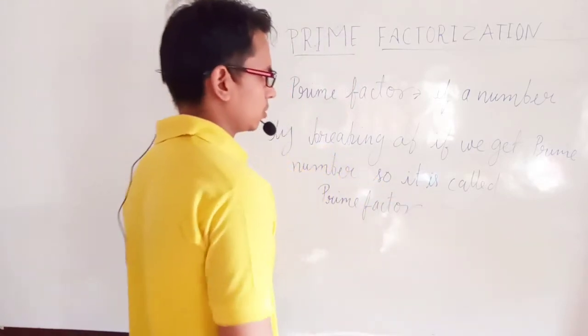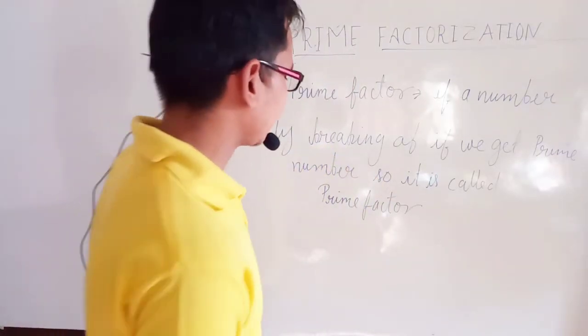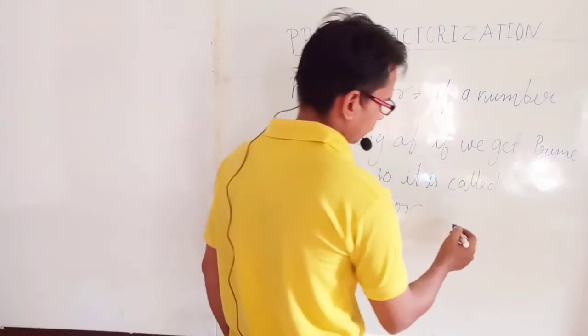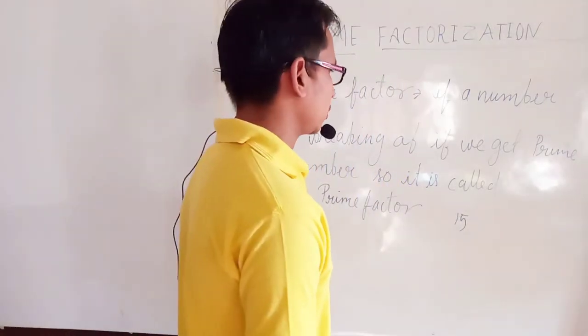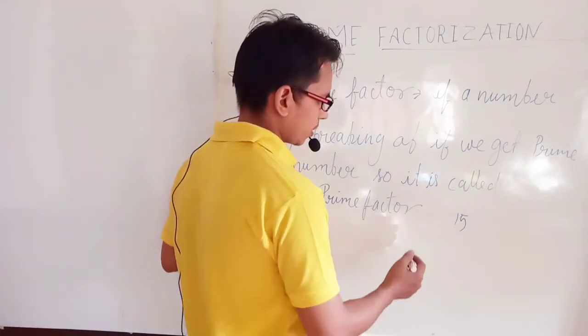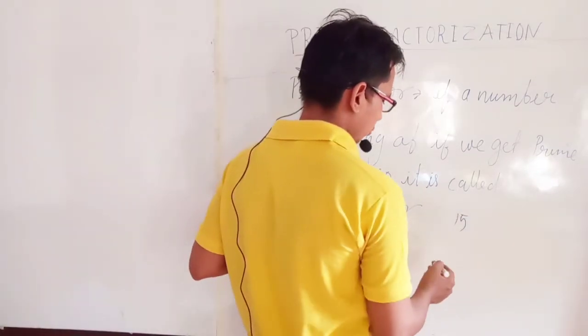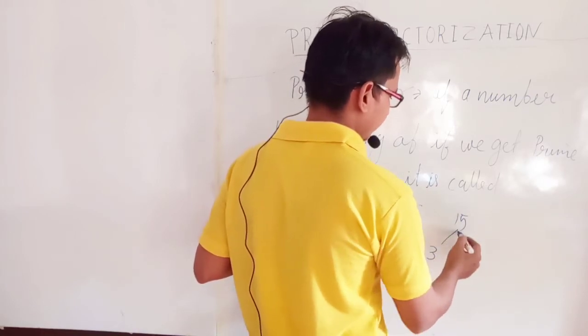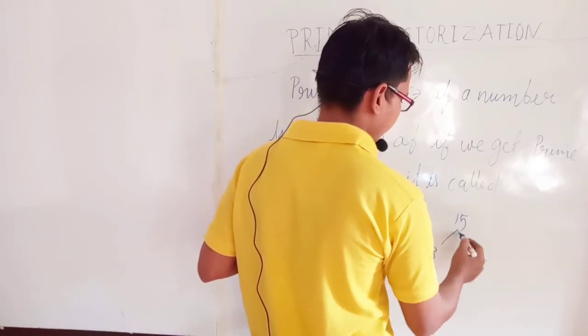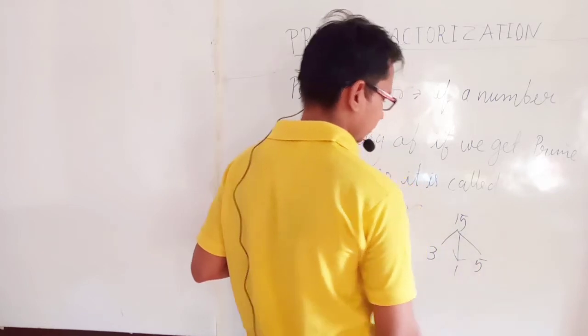So now see, if I take 15, and I break 15, I get that 15 can be divided by 3, 15 can be divided by 5, and 15 can be divided by 1.